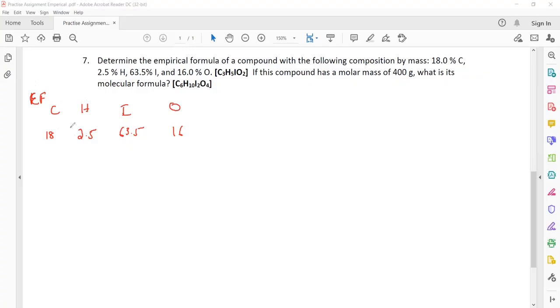So to find the empirical formula, the first step is to divide by atomic mass. That is always the first step.